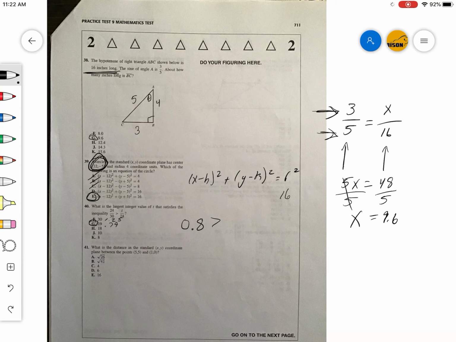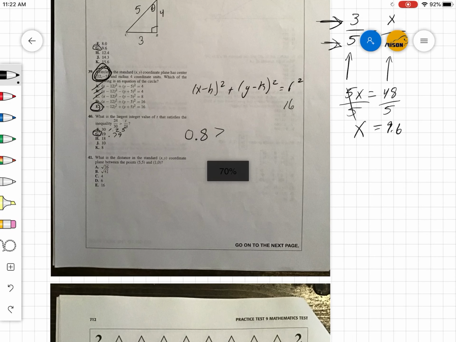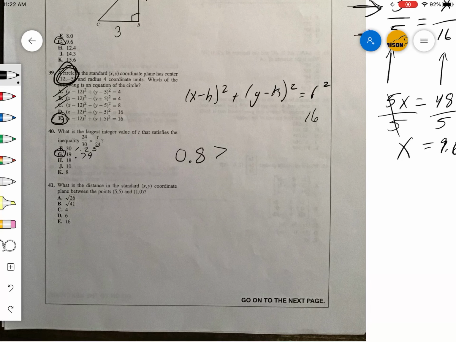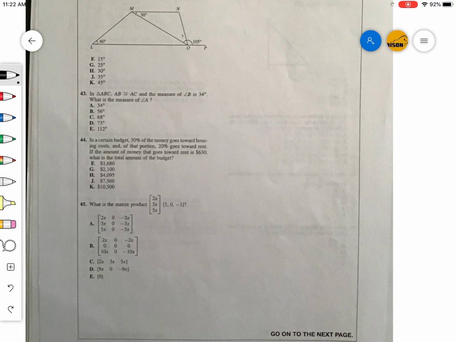What's the distance in a standard xy coordinate plane between those points? All right, we've established that most of us really don't remember the distance formula, and we like to do our problems like this. We just create a little coordinate plane. That's not a great coordinate plane. Let me try again. Well, hang on.